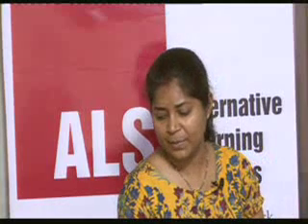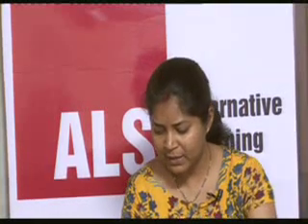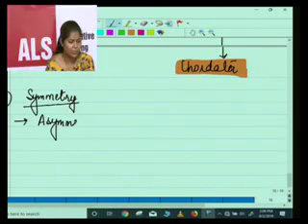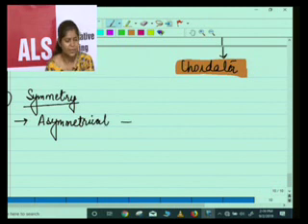So this is symmetry. Now, when we talk about symmetry, we talk about many more things accordingly. We talk first and foremost about those animals who don't have symmetry, the asymmetrical animals.